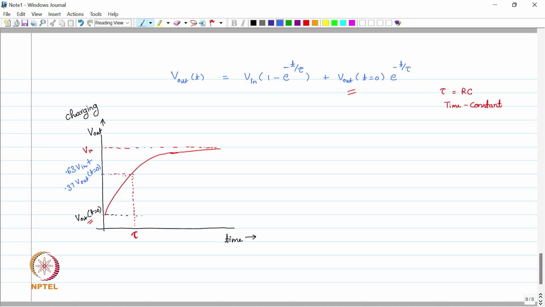So in one time period, if we assume the capacitor was initially not charged, it did not have any charge, then V out is 0. It means in one time period the output will rise to 63% of the final value, which is here. So we can do this math on this equation and we can find the output voltage will be 63% of the input voltage. This is for the charging case.